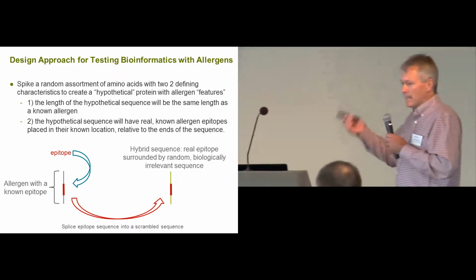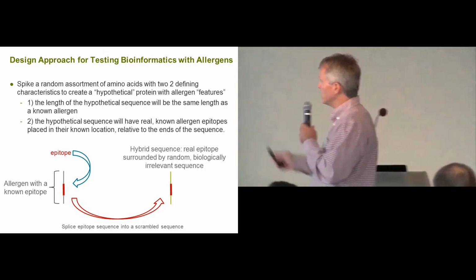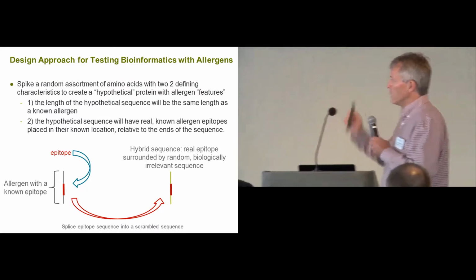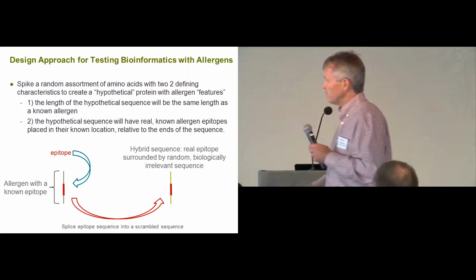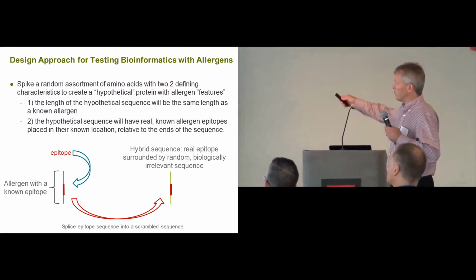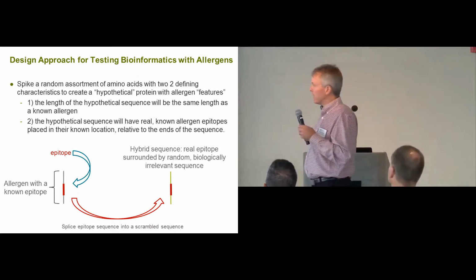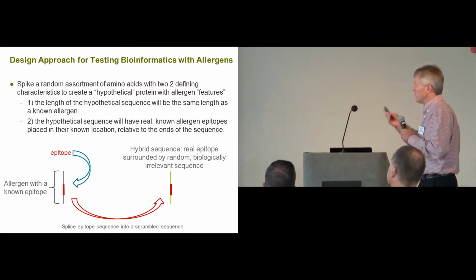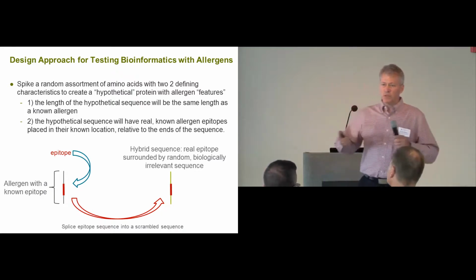The design approach for actually asking this question is I'm going to spike random assortments of amino acids, so completely arbitrary sequence, with IgE-binding epitopes, and they're going to have these two features. I'll make a hypothetical protein that's the same length as the protein where I derived the IgE-binding epitopes. So I'll keep the end-to-end length the same. And the epitopes, of course, will be real epitopes, and they'll be placed in their concordant placement from the C-terminal end.